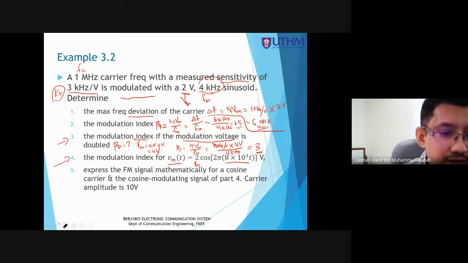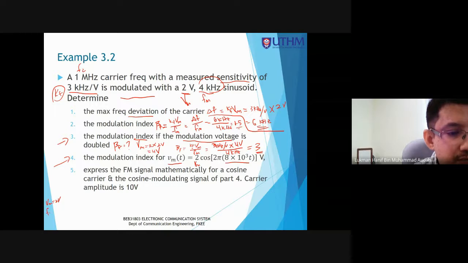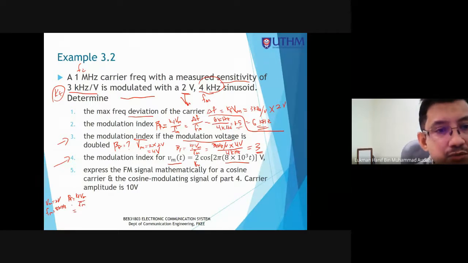So I can start calculate from here. Maybe I can write here. So now Vm is 2 volt, Fm is double, 8 kilohertz. So the question asks about beta f. So beta f is equal to Kf Vm over Fm. So this is actually equal to 3 kilohertz per volt multiplied with 2 volt, divide with 8 kilohertz.